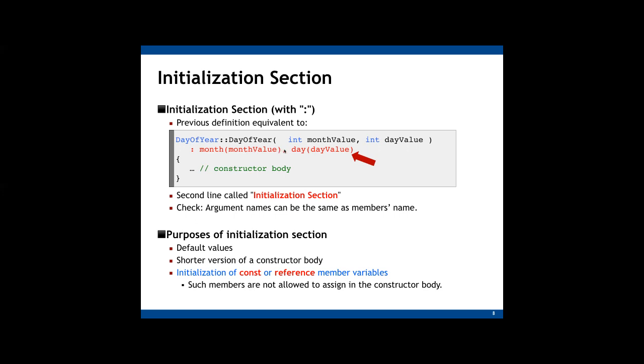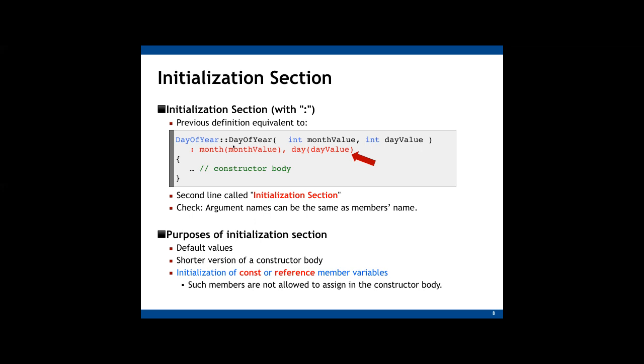And using initialization sections, we can make a shorter version of the constructor body. For example, we can initialize member variables in the initialization section, and we can put some validation code for the arguments inside of the constructor body.